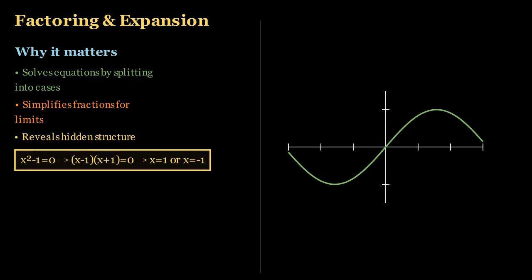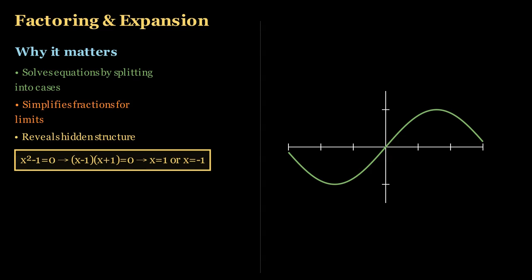And when you're staring at a messy fraction in a limit problem, factoring often reveals a cancellation that makes the whole thing behave. It's like having a pair of glasses that lets you see the hidden structure inside an algebraic expression. Everything builds on one simple rule, the distributive law.